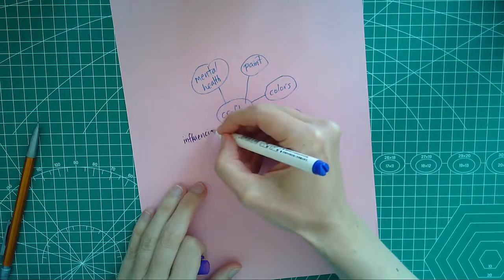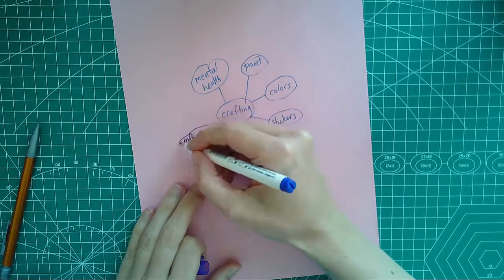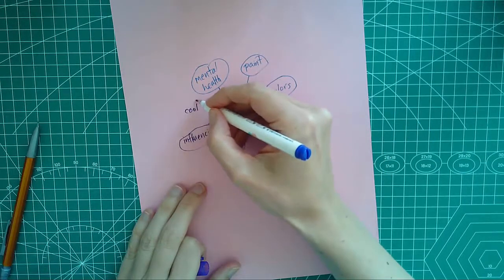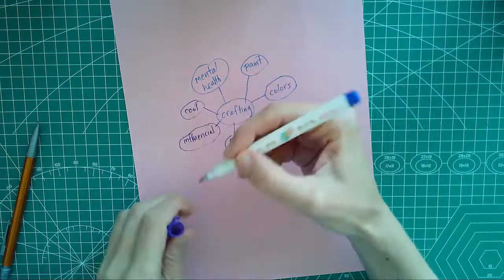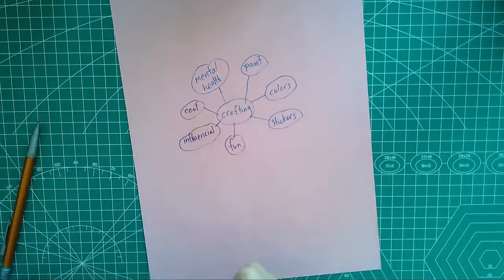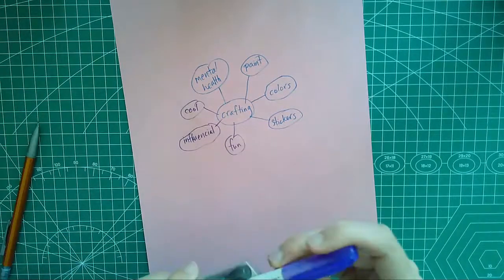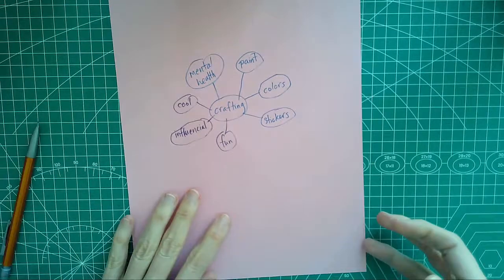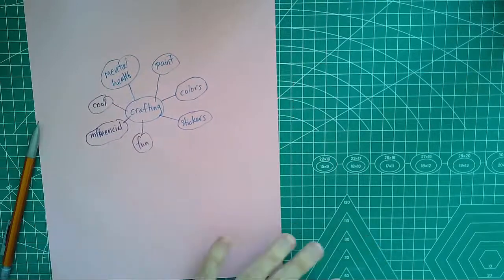I was thinking influenza, but that's something else. Cool. So I think that's really good. Obviously, you can keep going and write as many words as you think of, but for me, I'm going to stop there. I think that's enough, because this is kind of just a demonstration.